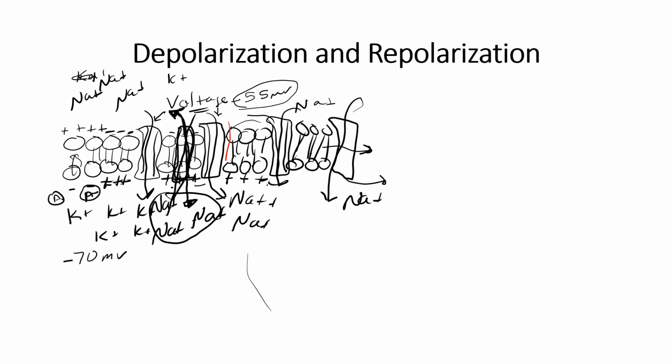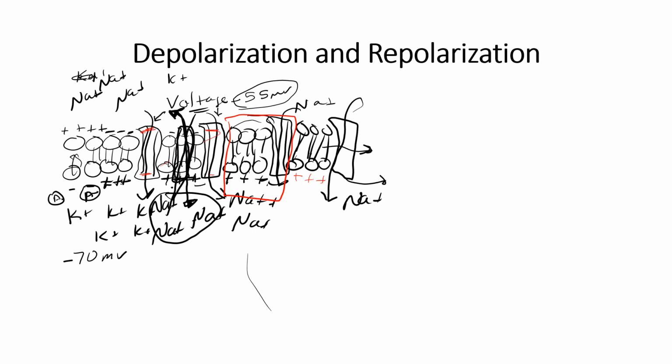This section repolarizes. So this depolarizes, and while this is depolarizing, the section before it is repolarizing. In other words, we have this change happening here for depolarization, and then our sodium potassium pump is doing its job, and these channels quickly close.